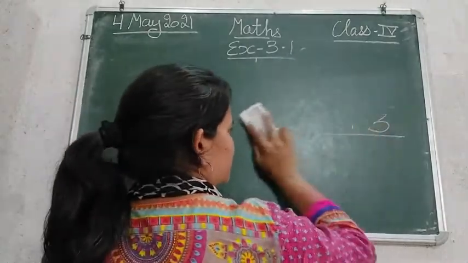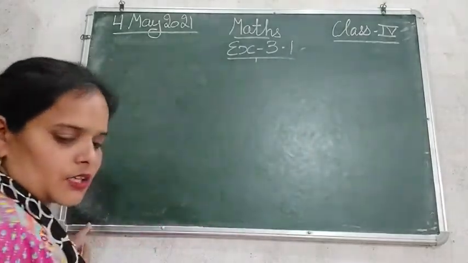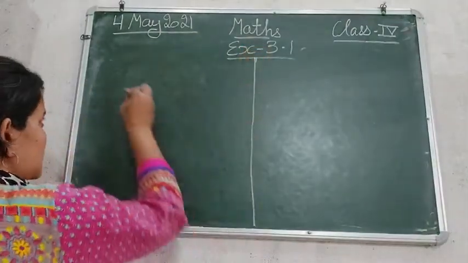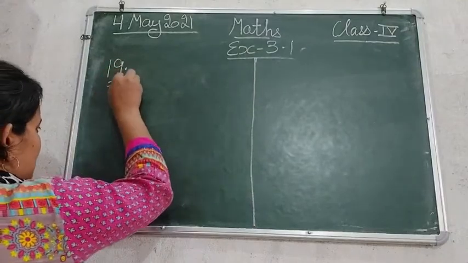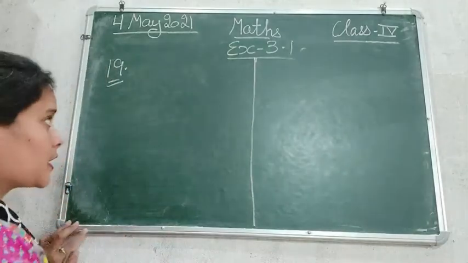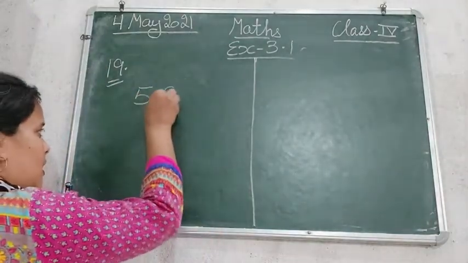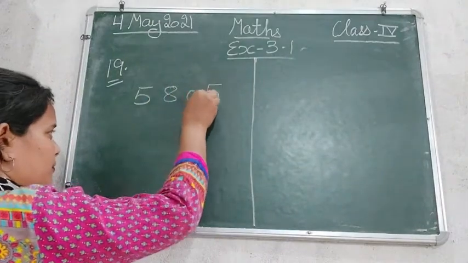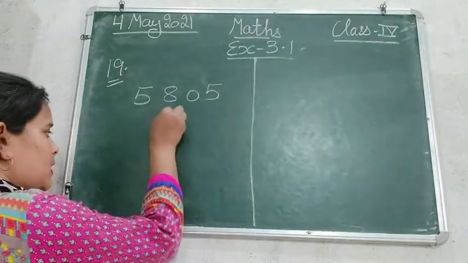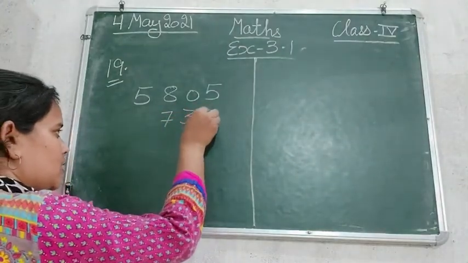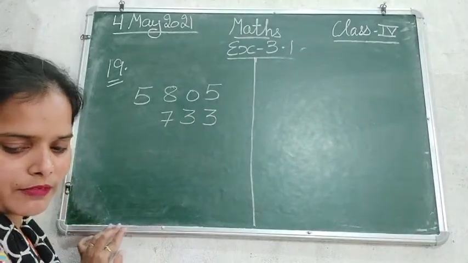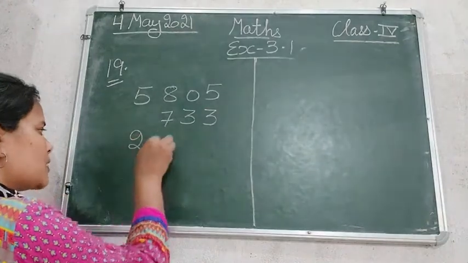Now we will do question number 19. The question is 5805, next 733, next 2541.